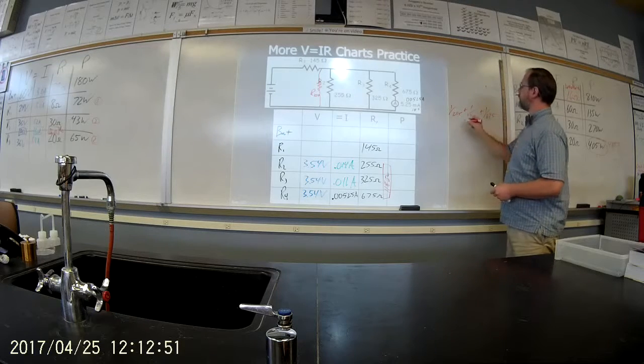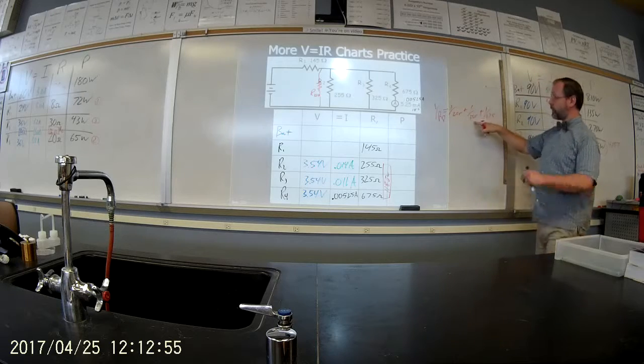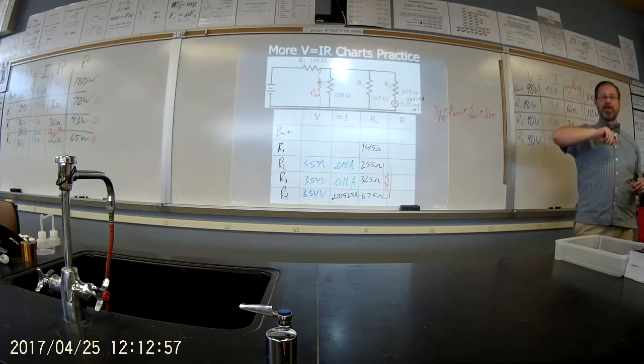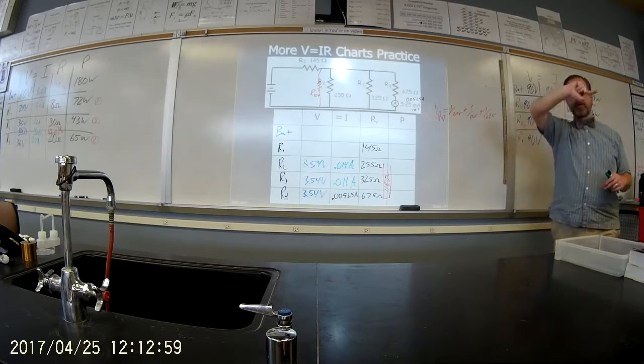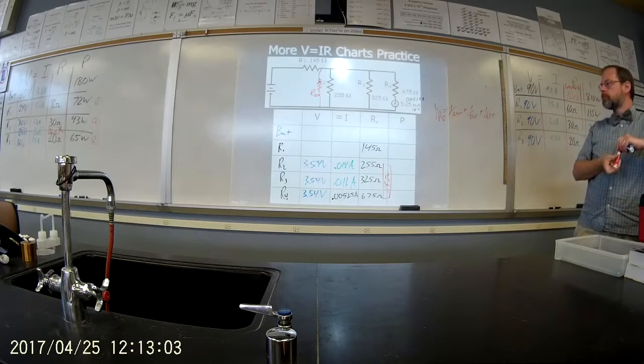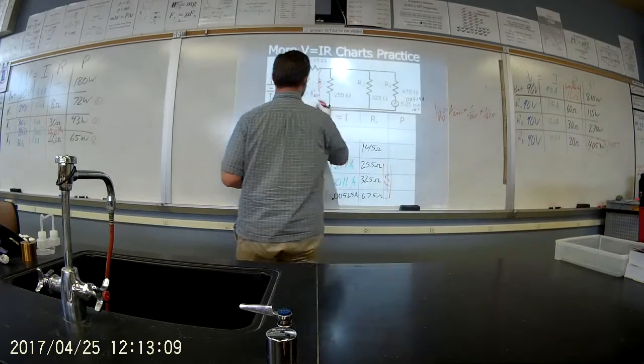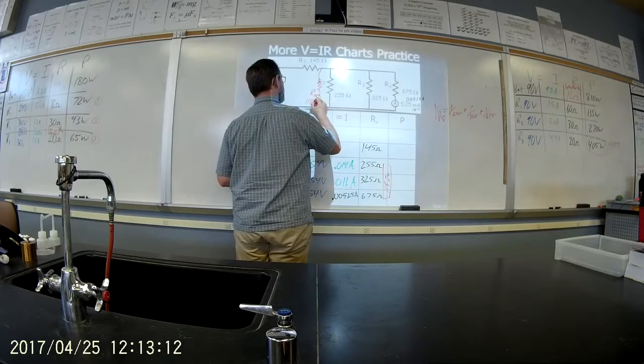So let's do 1 over 675, and then enter reciprocal. Okay, so you use the same formula. So our virtual resistor has a value of 118 ohms.